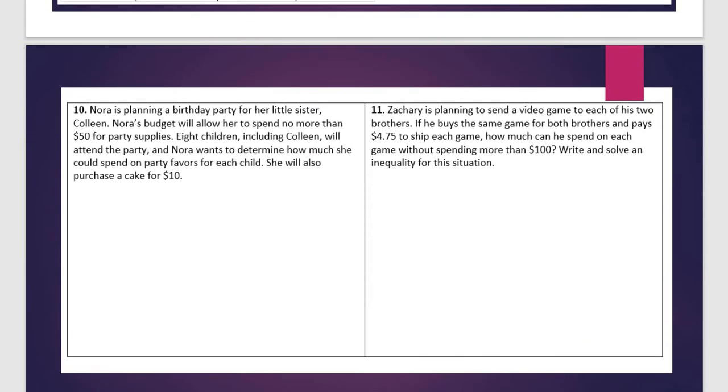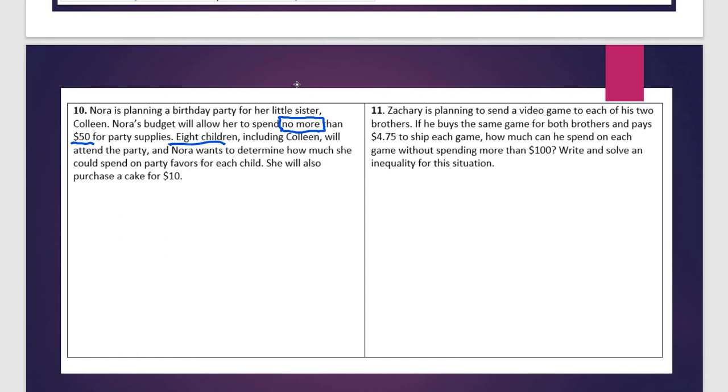Now, looking at these problems right here, you have Nora that's planning a birthday party for her little sister Colleen. Nora's budget will allow her to spend no more than $50. So she cannot spend more than $50. 8 children, including Colleen, will attend the party. Nora wants to determine how much she could spend on party favors for each child.